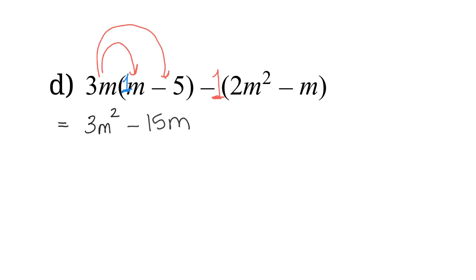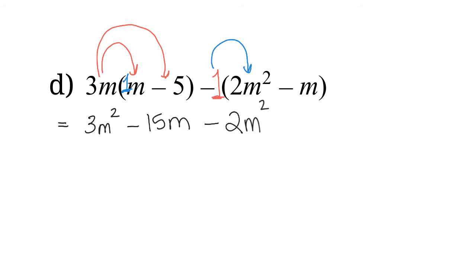Okay, now we're going to move on to the second bracket. And remember, this is going to read as negative 1 multiplied by 2m squared. So let's just start with the numbers. So this is negative 1 times 2, which is negative 2. The m squared is attached, so you're just going to recopy it. Nothing to really do there with the m squared, so recopy it.